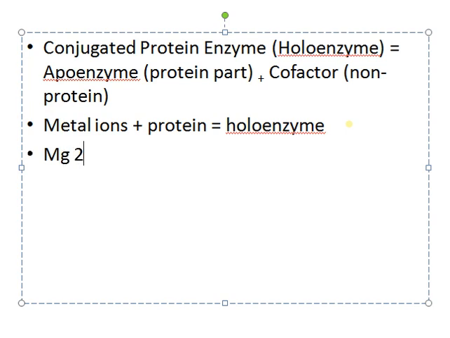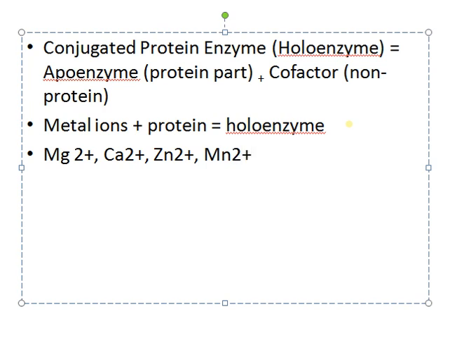Mg2+, we have magnesium ions. Then we have calcium ions, then zinc ions, and then manganese, and many more.